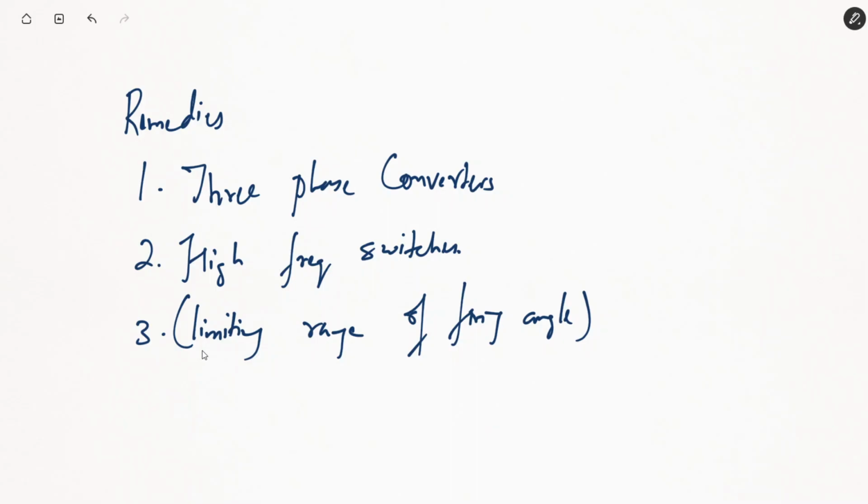So there are issues with power factor and THD of rectifier fed DC motor drive. But we can use three phase converters. Three phase converters में जो एडवांटेज ये है कि आपके जो ट्रिपल हार्मोनिक्स होंगे वो एब्सेंट होंगे.